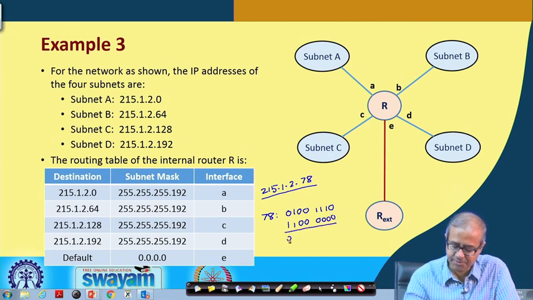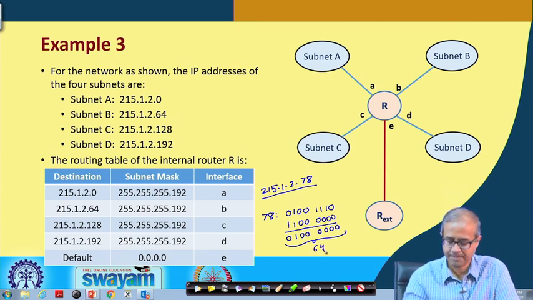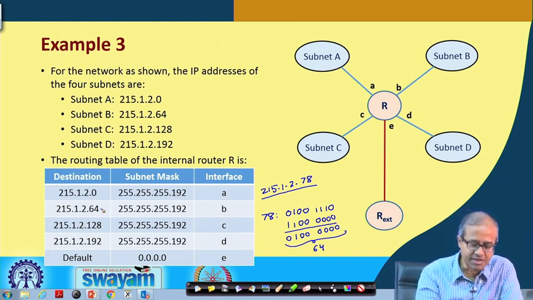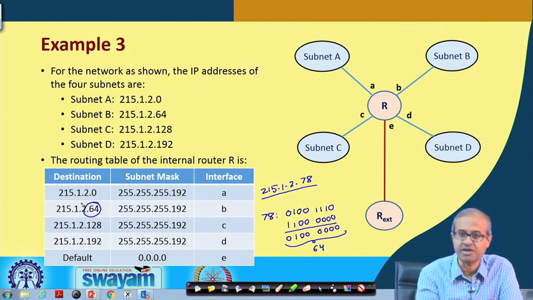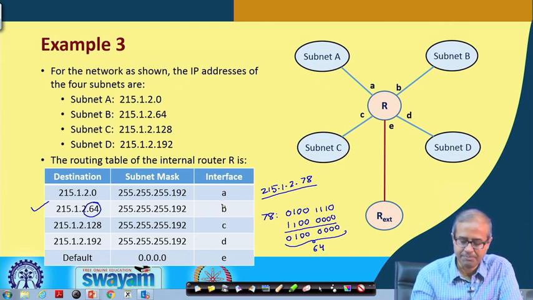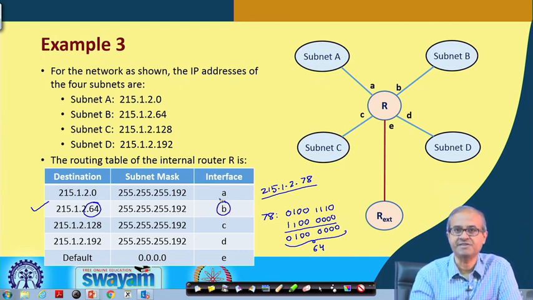You see this second bit will be 1 and 1, this bit will be 1, and all the rest will be zeros. How much is this in decimal? It is 64. So, if you do a bit by bit ANDing with 192, it is 64, and if you look at these rows, there will be a match only with the second one, because 64 is here. So, there will be a match with the second row and the packet will be forwarded to interface B. This is for the second packet.